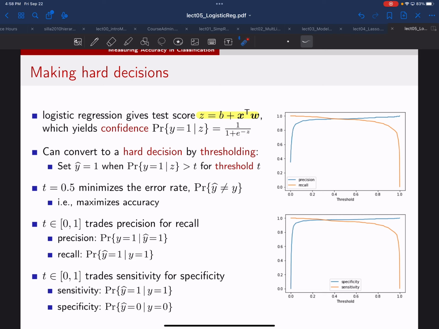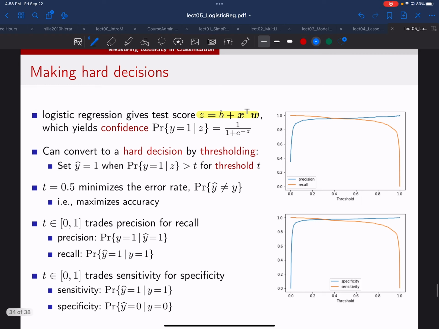It's not a correct probability, but it tells you some guess of what is the probability that y equals 1 given Z. So that's a number between 0 and 1, and that can be very useful. Here I'm calling it a confidence. It's also often referred to as a soft decision. So confidence or soft decision.